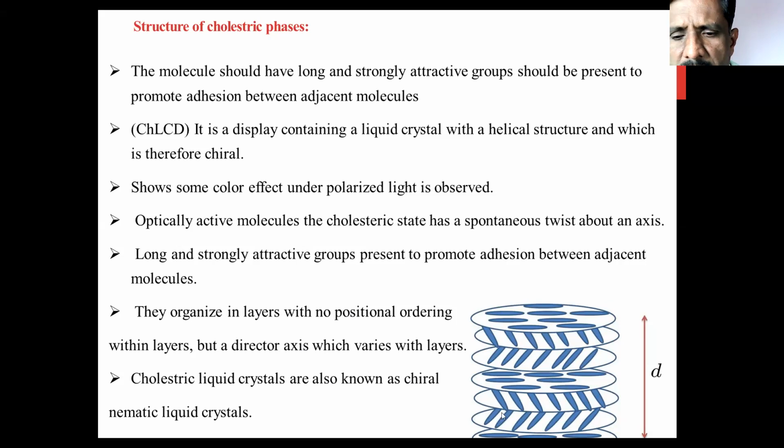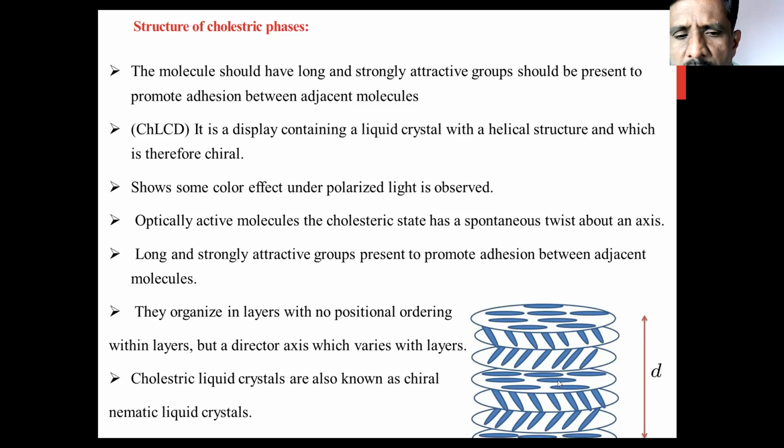If you see here, the first layer has a horizontal presence of cholesteric molecules. In the second layer, there is a vertical presence. Again, in the third layer, the molecules are somewhat turned to the right side. Again, in the fourth layer, they are present in a horizontal way.